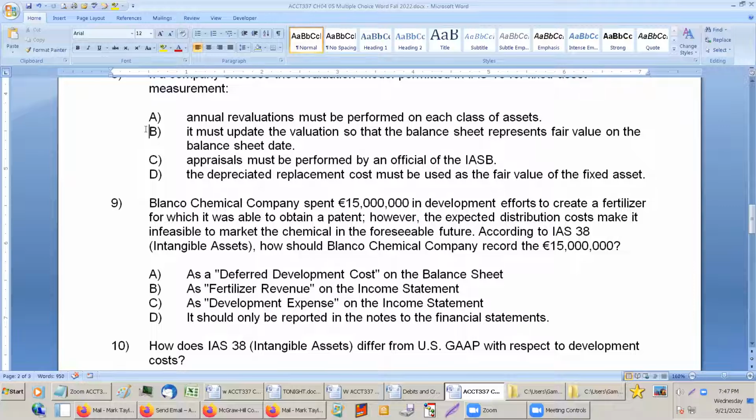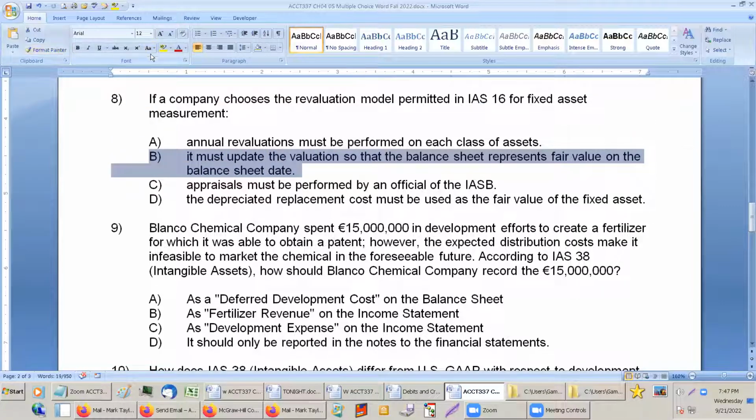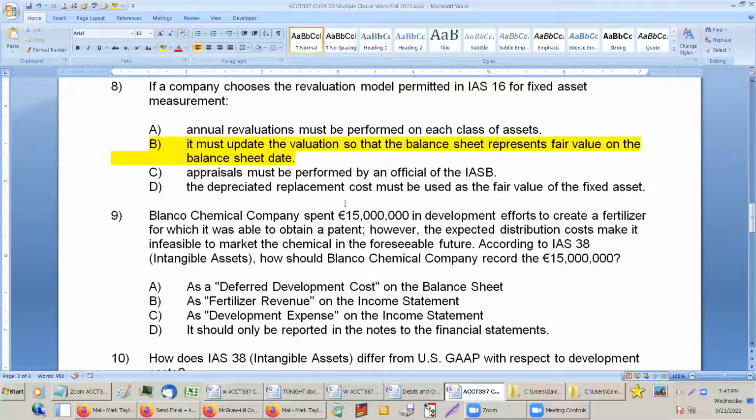It's B, I think. Just update the valuation, so the balance sheet represents the fair value at the balance sheet date. I don't know if that's a perfect answer, but it's better than any of the other ones. And the depreciated replacement cost, no one does that.